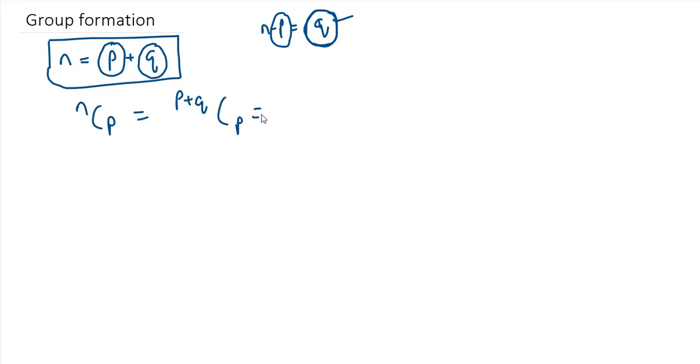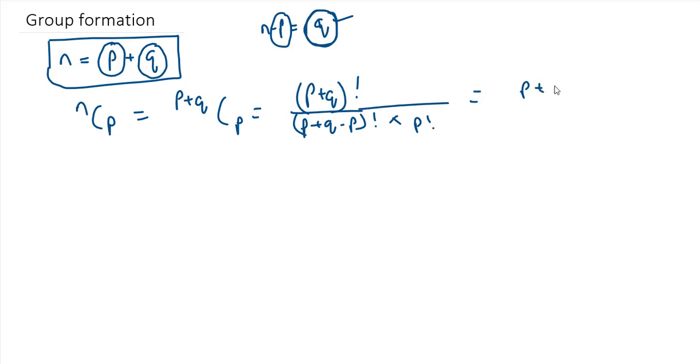So this can be written as (p plus q) factorial divided by (p plus q minus p) factorial. I am using the formula for nCr, so this will become (p plus q minus p) factorial divided by r factorial, which in this case is p factorial. So this will become (p plus q) factorial upon p factorial into q factorial, as p factorial will cancel out.